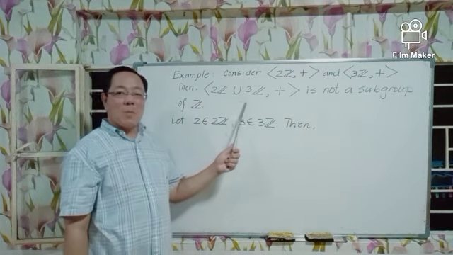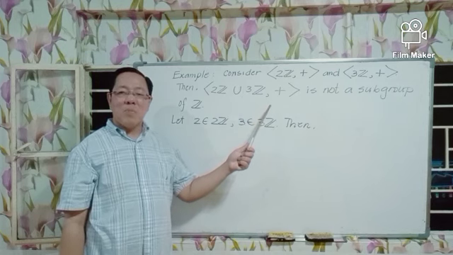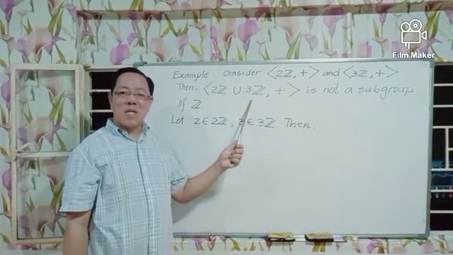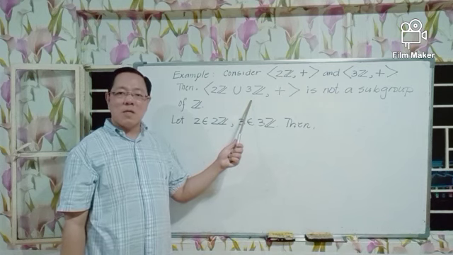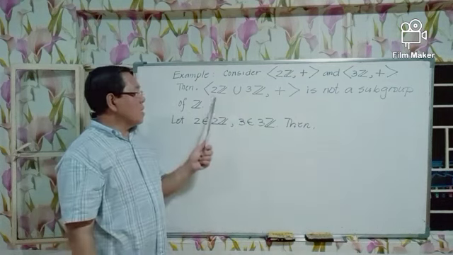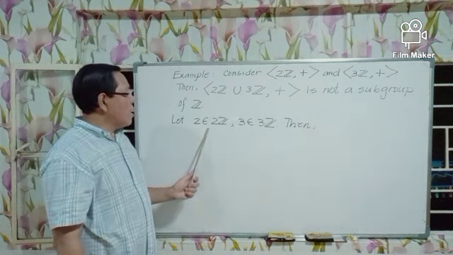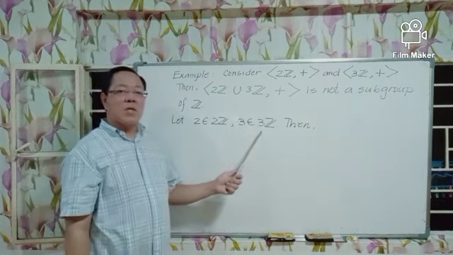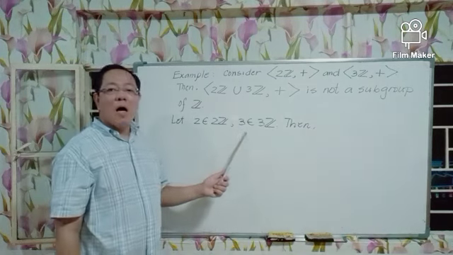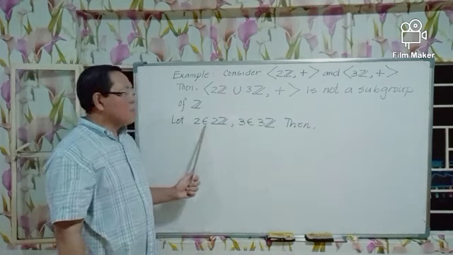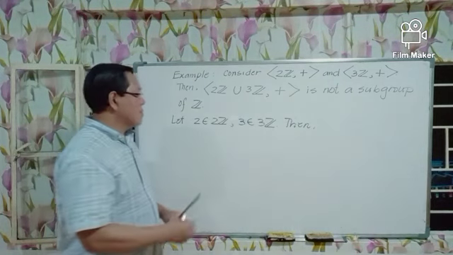Because if it is a subgroup under addition, the closure property must be satisfied. That is, if you take any two elements of this 2Z union 3Z, the sum must also be in 2Z union 3Z. And we take 2, an element of 2Z, and 3, an element of 3Z, and 2 and 3 are elements of 2Z union 3Z. Now we find the sum of 2 and 3.